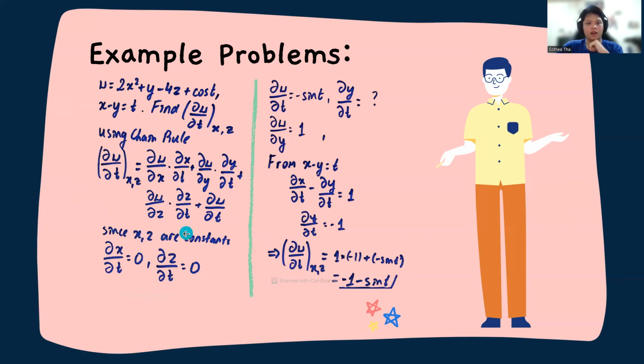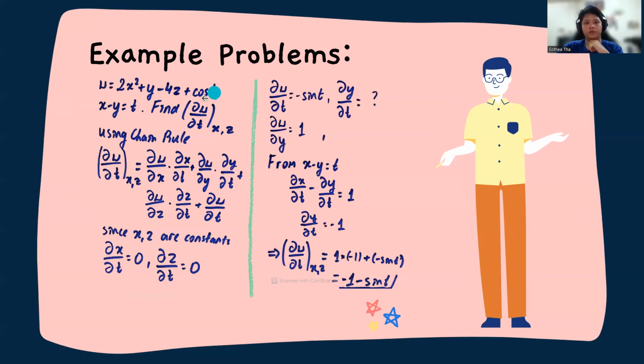Since x and z are constants, that means that dx over dt and dz over dt will be equal to 0. And to find dw over dt, we just differentiate this function by t, and we will get minus sine t. For dw over dy, we just differentiate by y, and we will get 1.